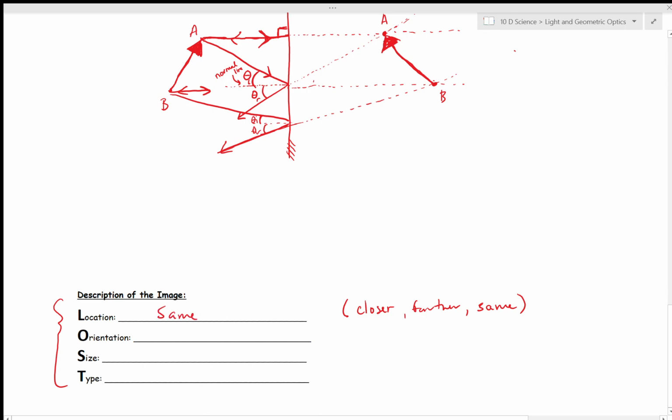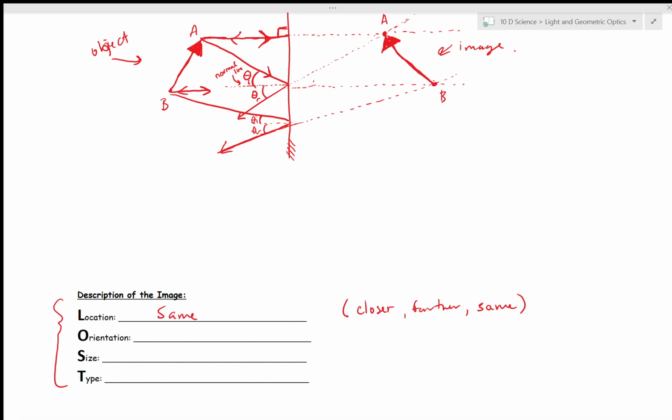So you're comparing the image's location, this is the image, this here is the object, and you are comparing the image's location to the object's location relative to the mirror. So this distance right here, and I'll erase that line in just a second, that distance there is the exact same as this distance here, if you've done this properly with the ruler and everything. So we have the same location.